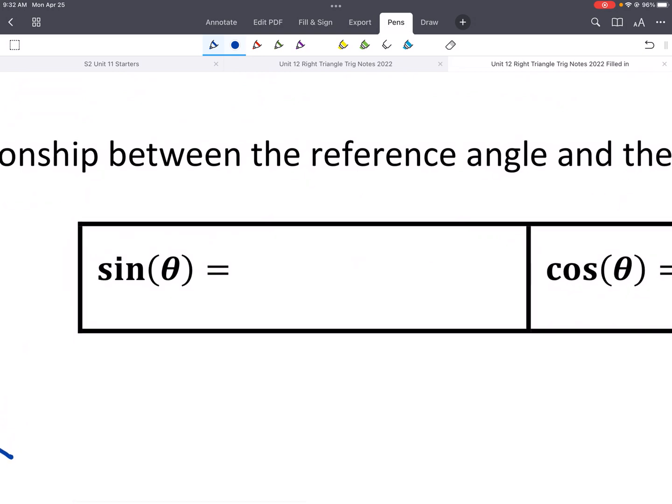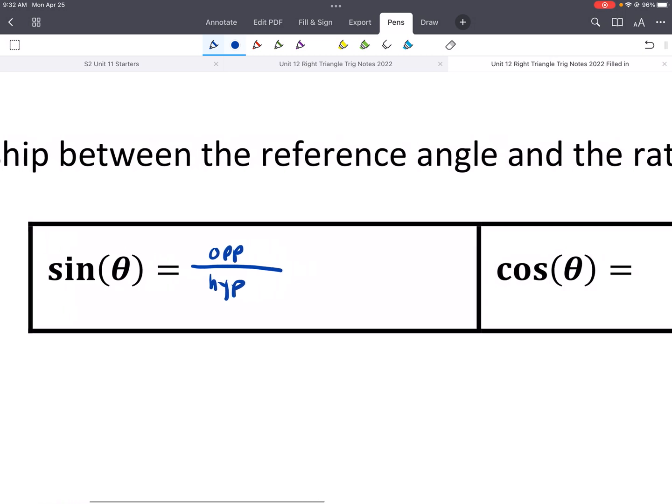So the first one, this function, again, this isn't sine times theta, this is a function. Sine of theta is always opposite over hypotenuse. If you know what the opposite and the hypotenuse is, you could figure out what the angle is. Or if you were given the angle and one of those two sides, you could find the other side.